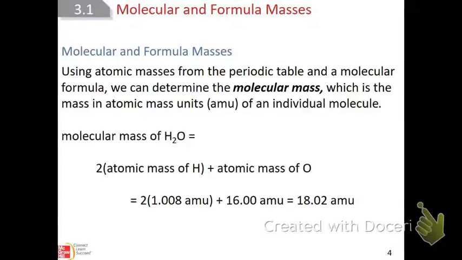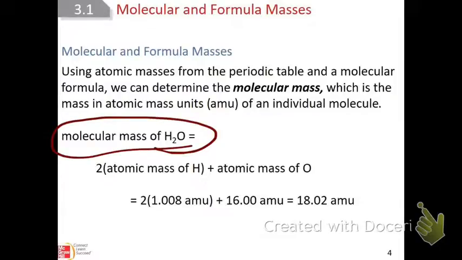In chemistry, you have to keep in mind this right here is the smallest piece of water that exists. Please do not think that hydrogen is the smallest piece of water, because by itself hydrogen does not make up water.